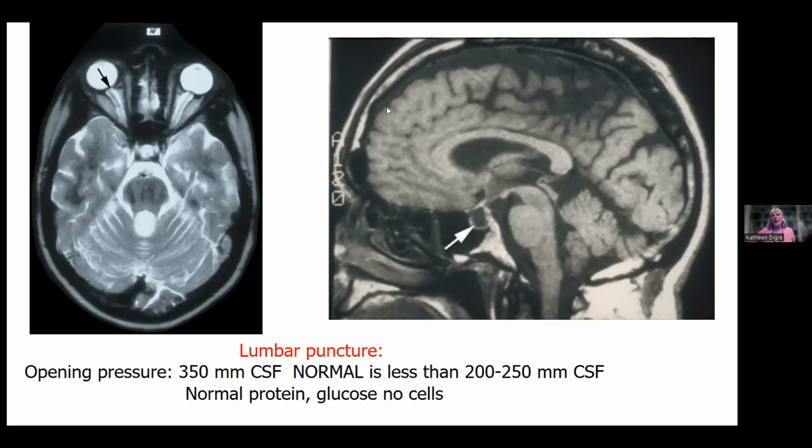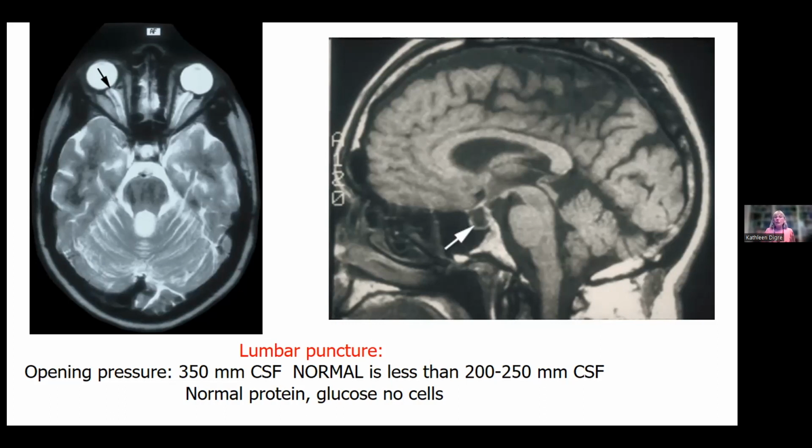In fact, you can kind of see how it protrudes into the globe. Then I look on the sagittal view, and I can see what we call an empty sella. Normally, the pituitary gland fills this entire spot, and her pituitary gland is pushed up against the side from high pressure. Then we do a lumbar puncture, and this is to tell us whether the pressure is elevated.